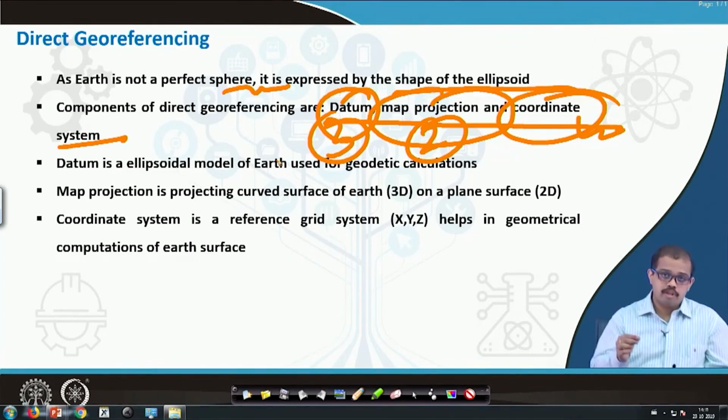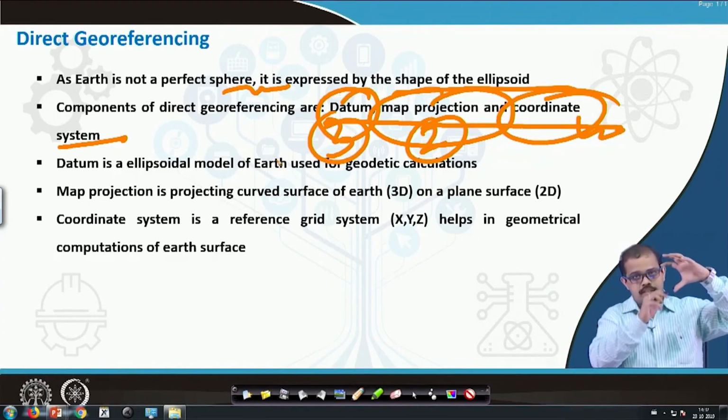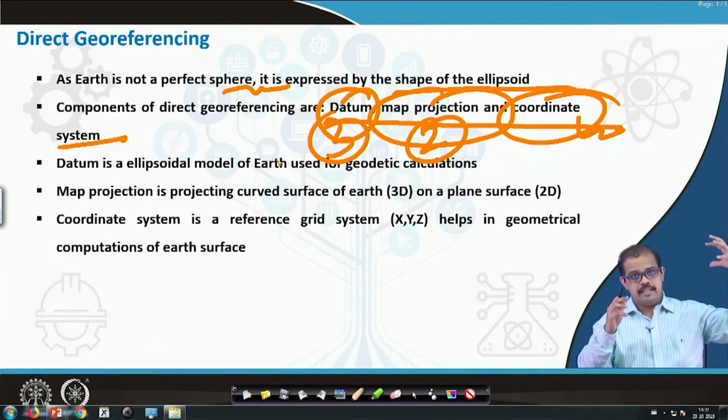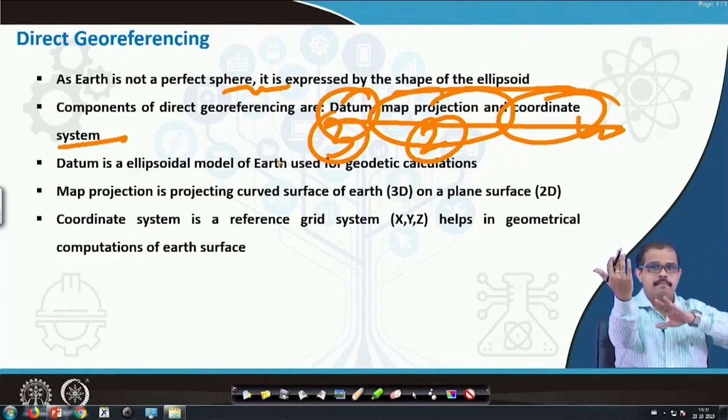Datum is an ellipsoidal model. I am repeating the previous slide. Datum is an ellipsoid model of the earth used for geodetic calculations. Okay, map projection is a projected curved surface of the earth into a 2D. For example, if this is the earth surface, the circular earth surface, it's 3D data. Now, if you put a light here in front of this earth surface and project it, keep a paper here.